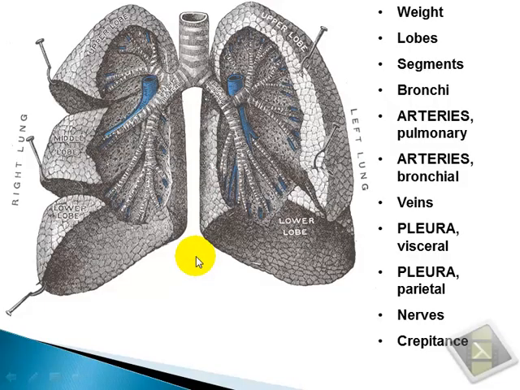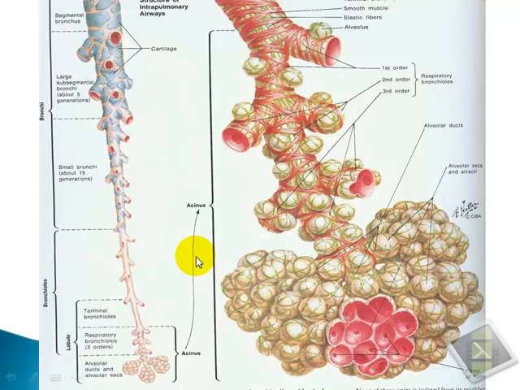At the same time, I forgot to mention over here, you can have a look at these small pores which are present here. These are the holes through which things can be exchanged between two alveolar sacs.